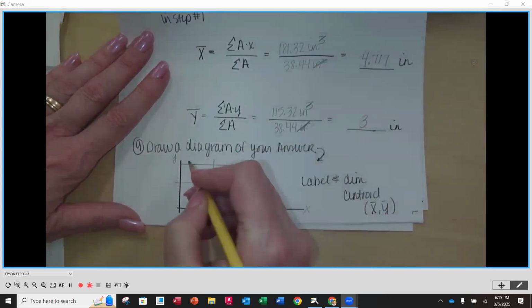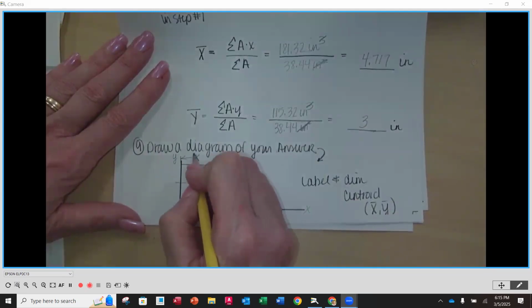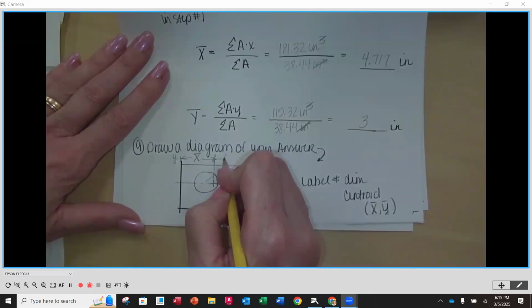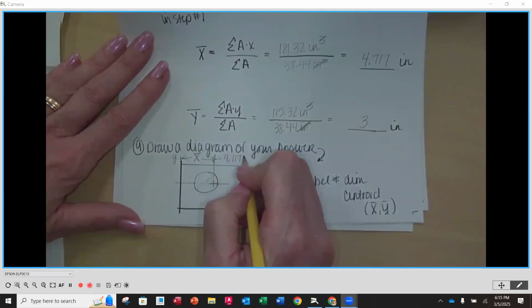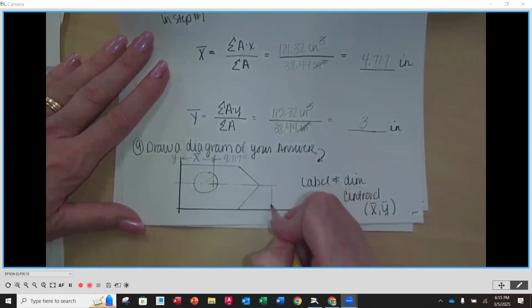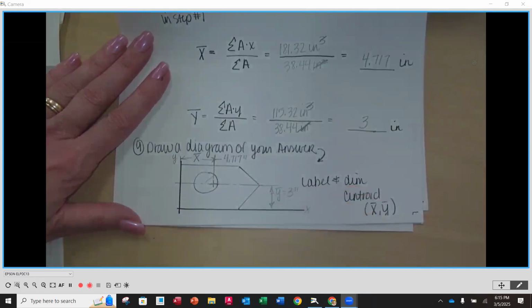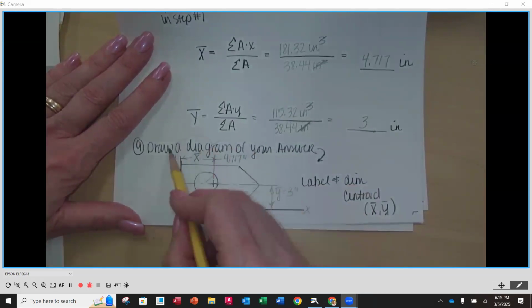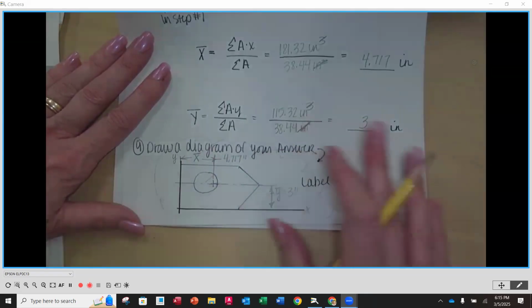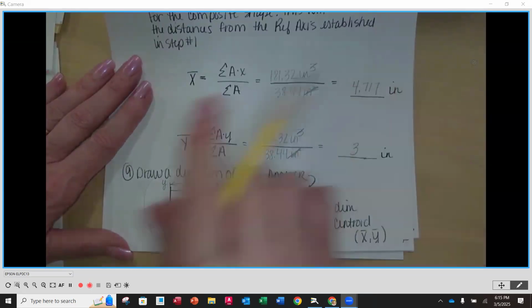So this distance right here is my X bar, okay, which is equal to 4.717 inches. And then my Y bar is equal to 3 inches, going straight up, okay? So make sure that you always draw your diagram, letting me know that you understand what these values mean.